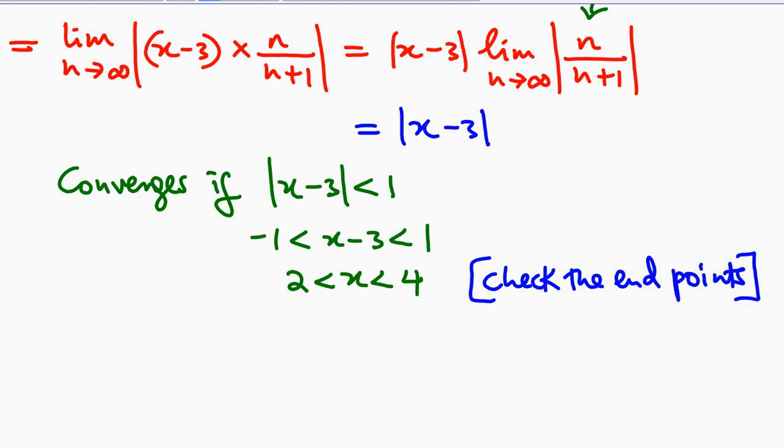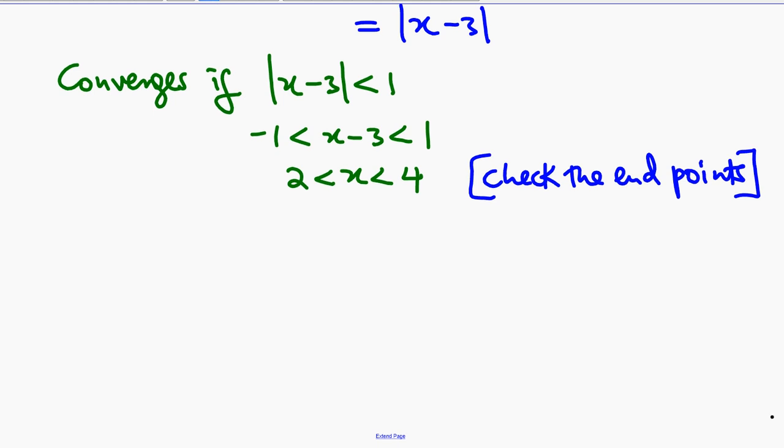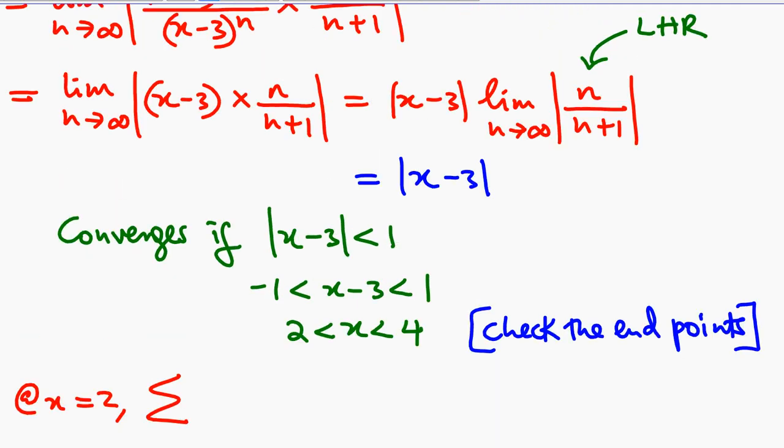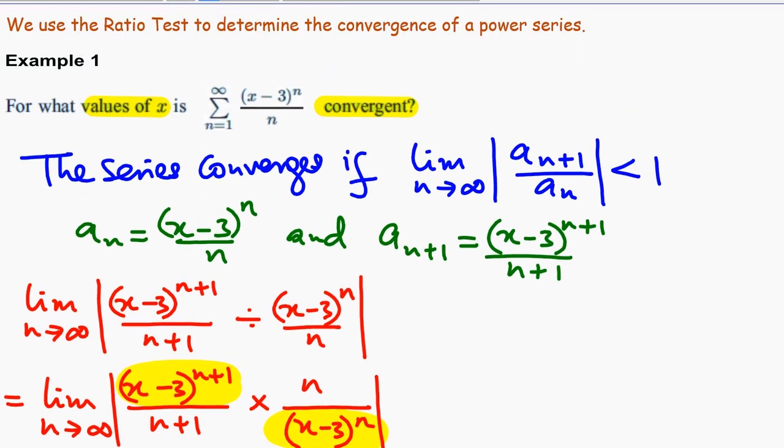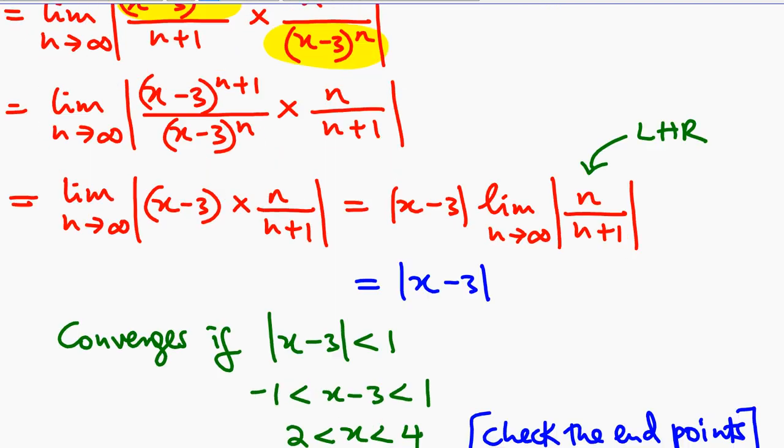To check the endpoints, we can just work it out. For example, at x equal to 2, just plug in 2 in place of x in this series, and you'll end up with negative 1.